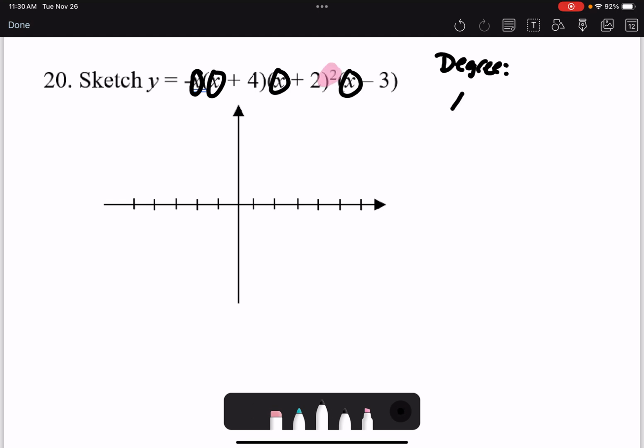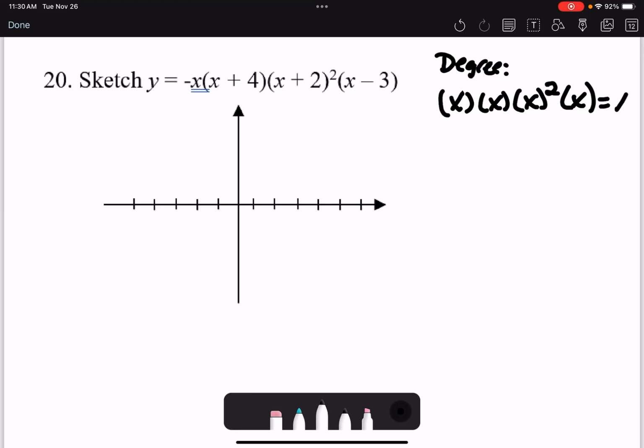So I have that first x, then another x, then an x that's inside of a squared, and then a final x. When I multiply those all together, I'm going to get x cubed times x squared. This is going to be an x to the 5th. So my degree is 5.